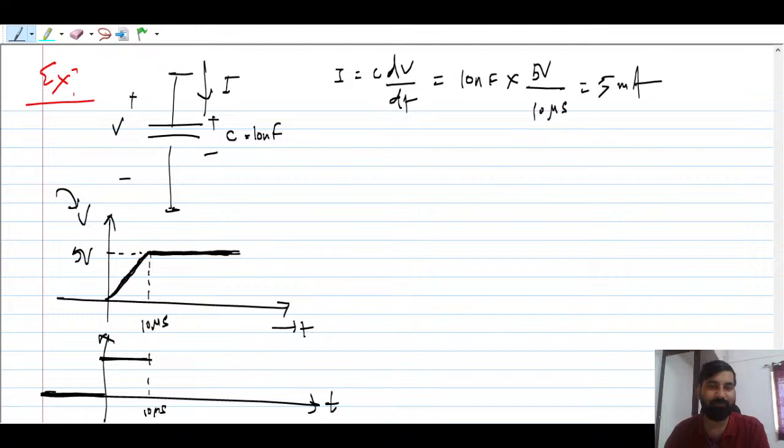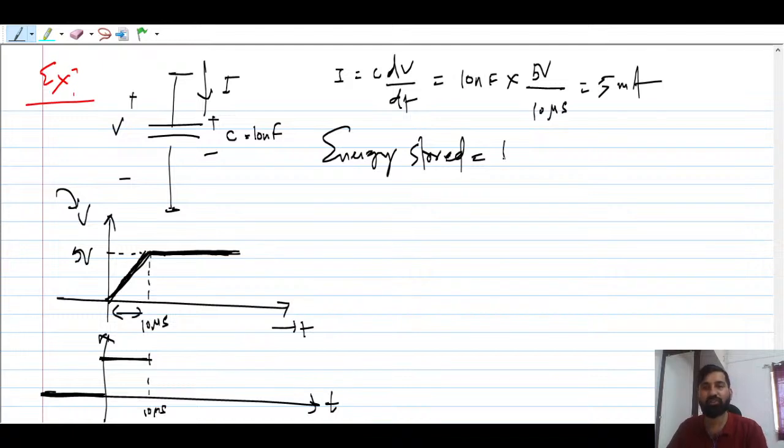I think this is clear, right? So now what is the energy stored? Energy will be stored in this duration only, from 0 to 10 microseconds. After that, it will be 0. You just have to find the energy for this duration.